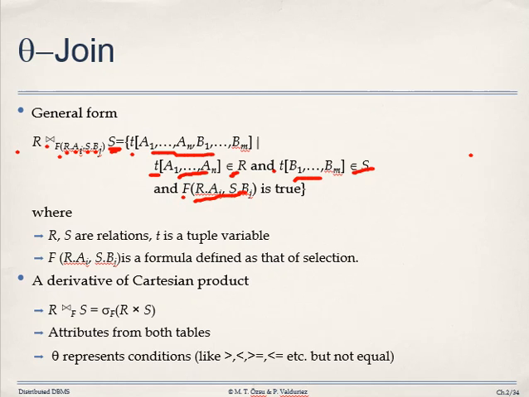So we make a theta join over this function with attribute Ai of R and Bj of S, and its condition should be true. Then in the result we get the theta join result, where R and S are relations, T is the tuple variable, and F(R.Ai, S.Bj) is the formula that defines that particular selection.